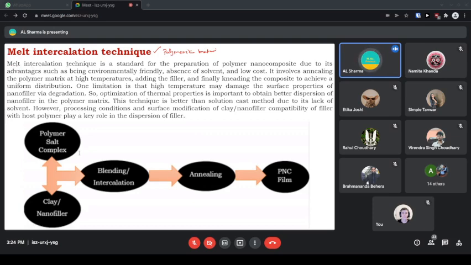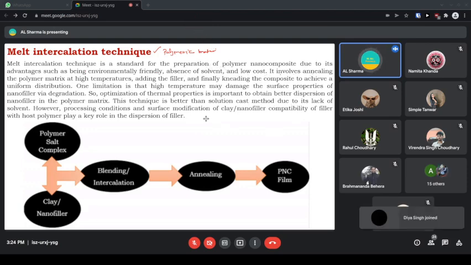The melt intercalation technique is a standard for the preparation of polymer nanocomposite films due to its advantages such as being environmentally friendly, absence of solvent, and low cost.